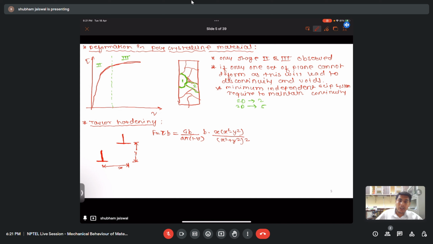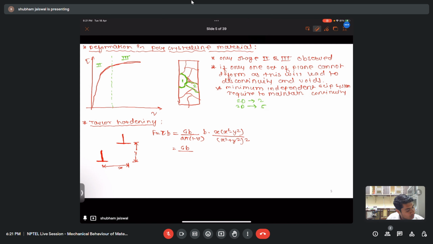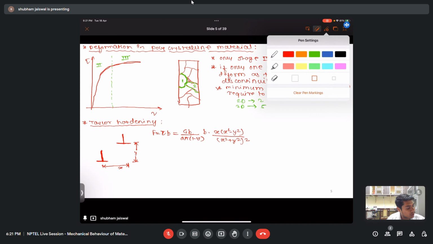Okay, and if we are considering it is in the same glide plane, then the critical stress is given by Gb upon, sorry. So this is the force on a dislocation.